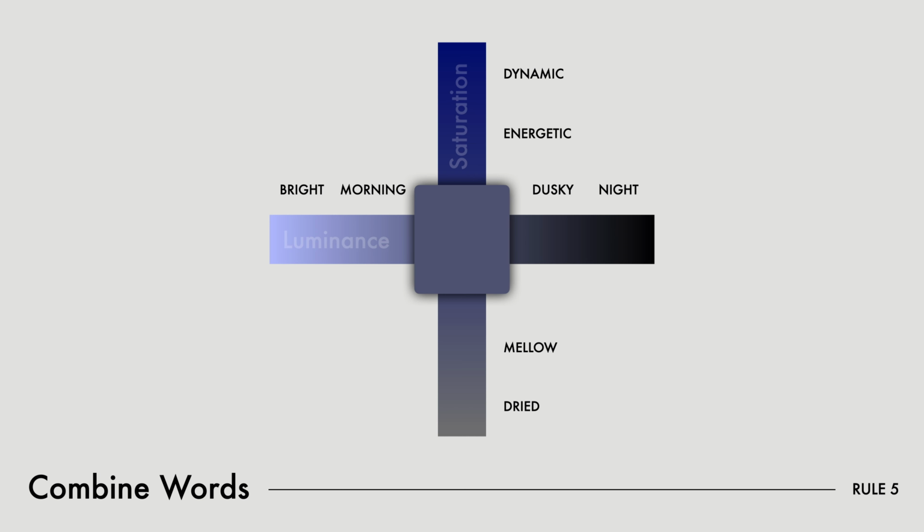Similarly, you can fill out words on the axis of luminance, so modifiers that connote more bright colors and more dark ones. So once you have this, then you can start matching up terms, combining them, using good modifiers.